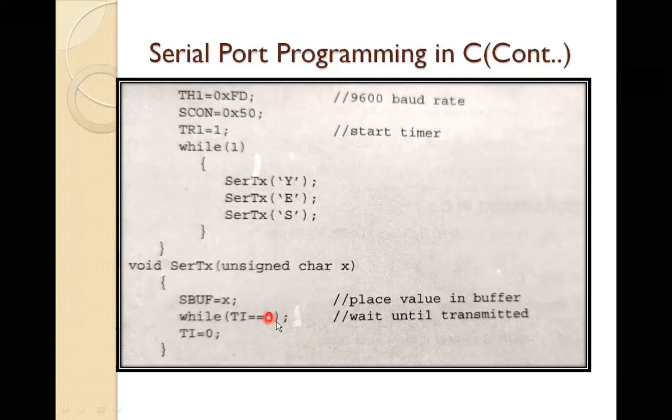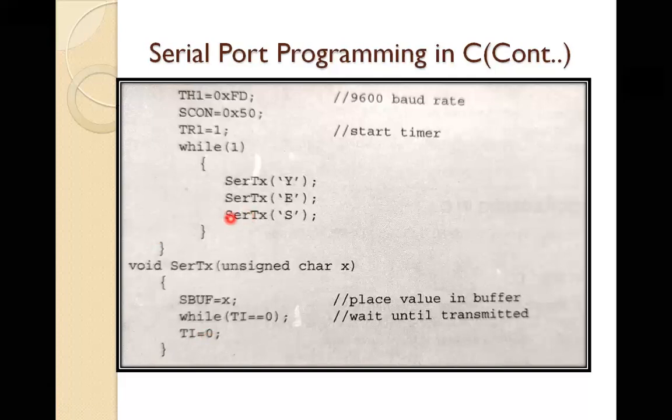Then check the status of TI continuously. When TI is equal to 1, it executes its next instruction, that is TI equal to 0. So here TI equal to 0 is again to transfer the letter S. So this closing bracket and this closing bracket transfer the control to our main program.